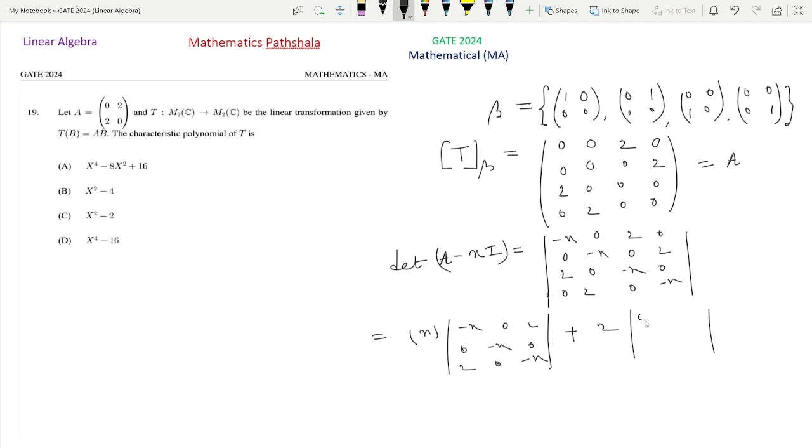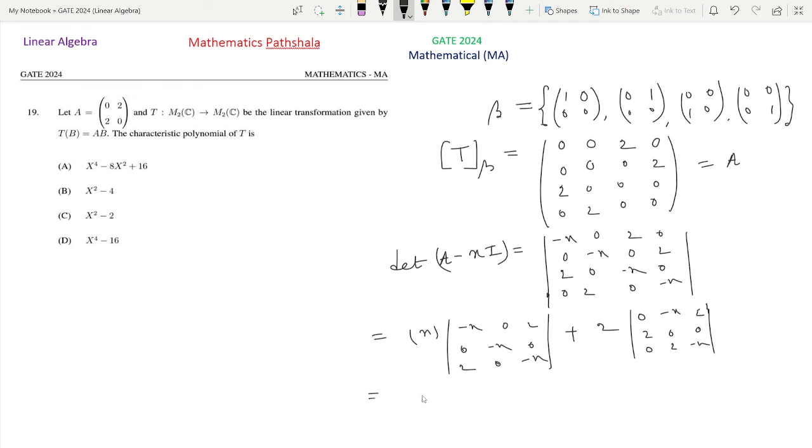that will be 0 minus x 2, 2 0 0, and this is 0 2 minus x.